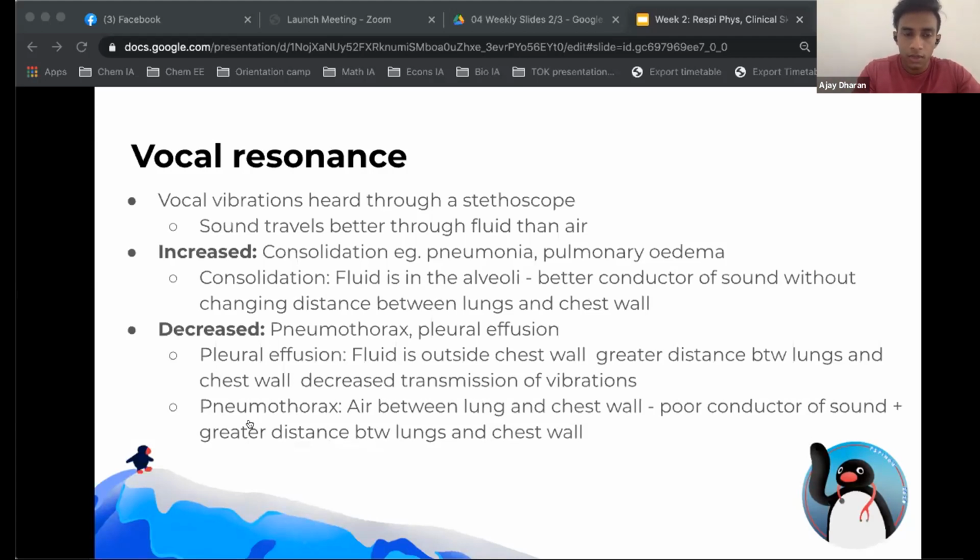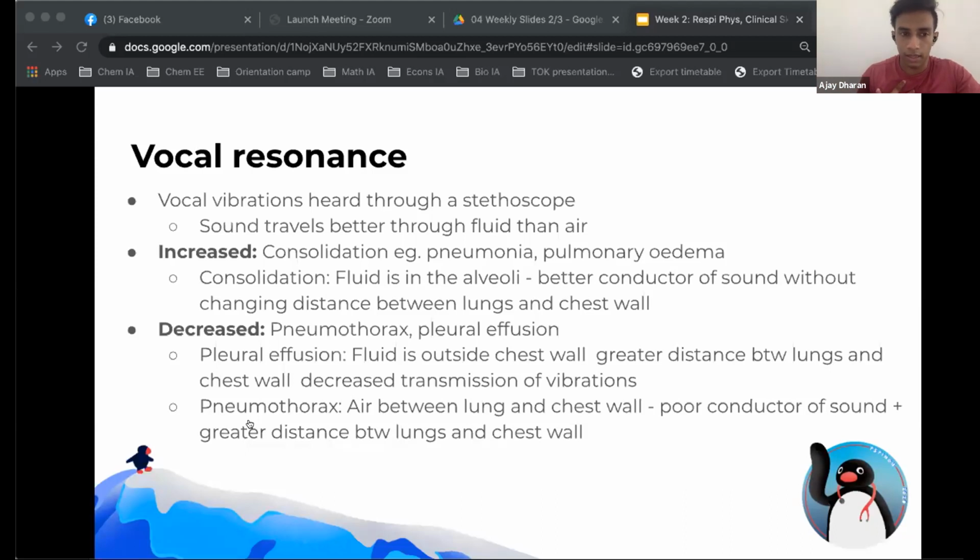Whenever you have increased vocal resonance, it's due to consolidation, and when it's decreased, it's when there is an air buildup. So let's talk about increase. Let's give you some conditions for increased vocal resonance. Pneumonia is whenever you have an infection in your lung that causes a consolidation in your lungs.